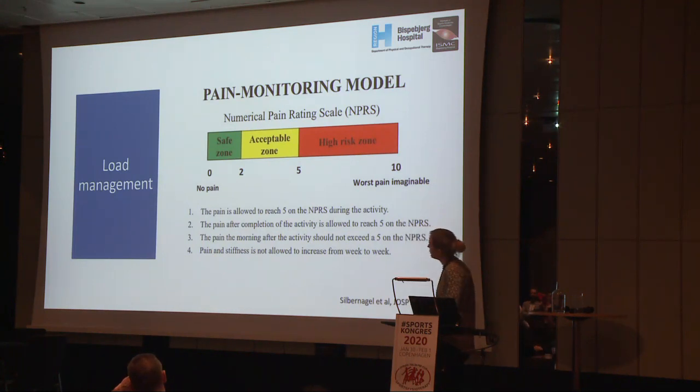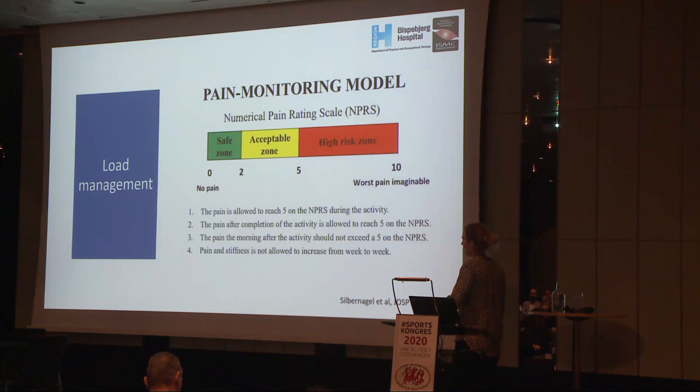So we recommended them to follow this pain monitoring model, as many of you probably already know. According to this model, 0 equals no pain, and 10 is the worst pain that you can imagine.